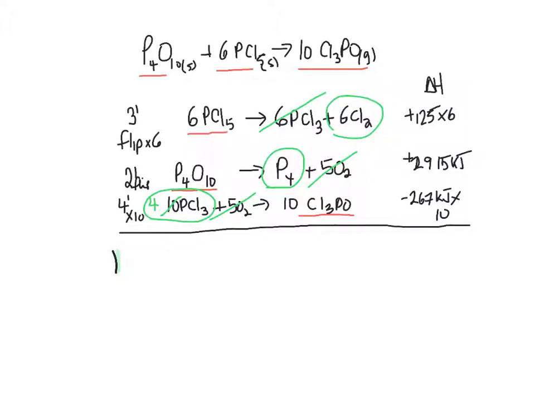P4 plus 6 Cl2 goes to 4 PCl3s, and our delta H is negative 1272 kilojoules. I don't have to put a 1 prime because this is not changed, right?